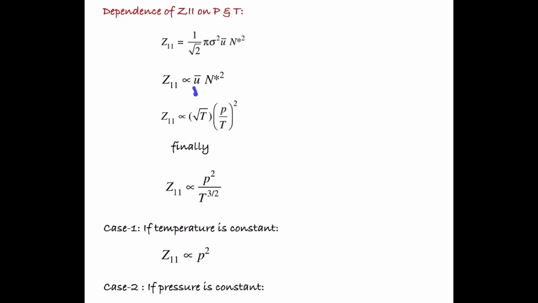You already know u average is directly proportional to root over absolute temperature. n star is directly proportional to P by T, but here we have n star square, therefore P square by T square. And finally, if you simplify this expression, you will get Z11 is directly proportional to P square and inversely proportional to T power 3 by 2.